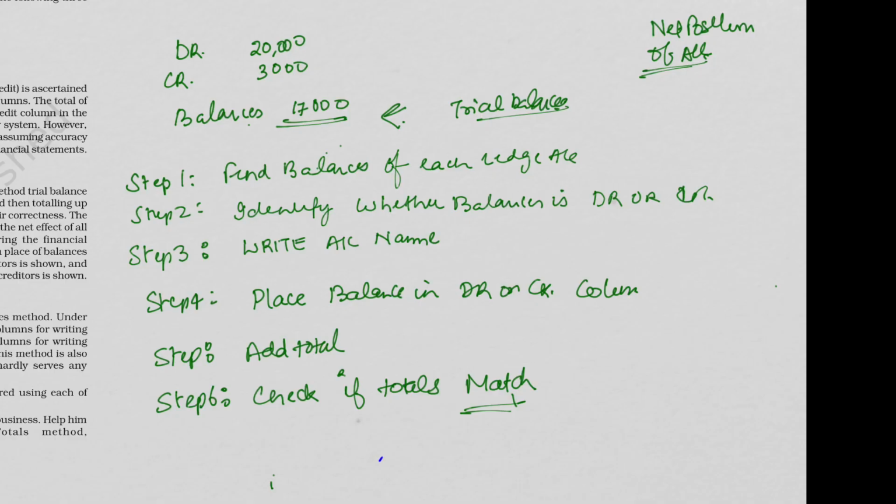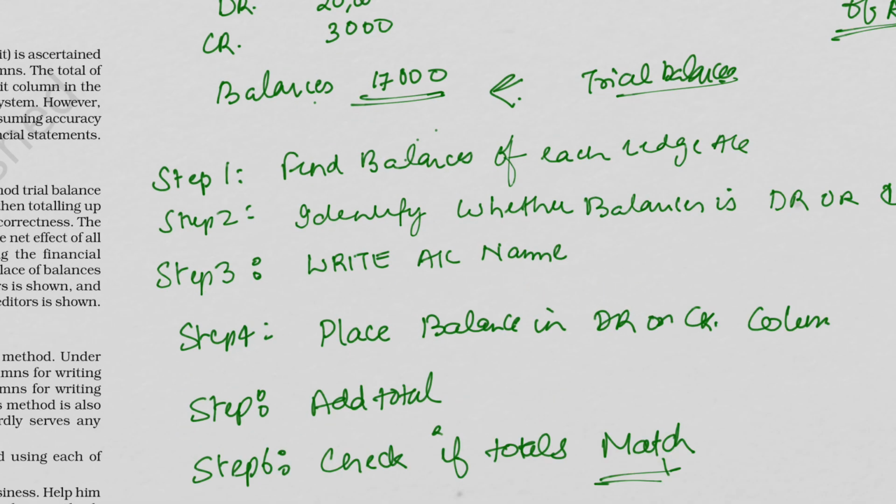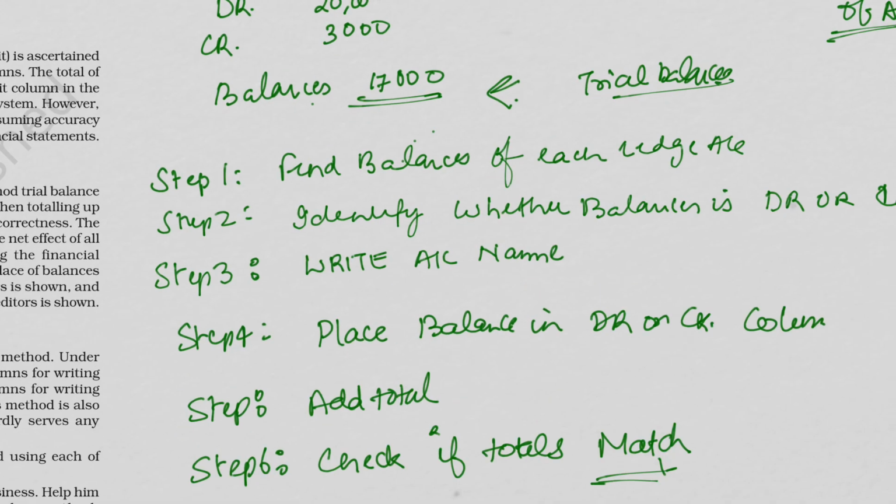Next we have the totals cum balances method. So the third method we have is the totals cum balances method. As the name suggests, it's a combination of both the methods. In this method, we show the debit total, the credit total, the debit balances, and the credit balances. So that means four columns of amount.